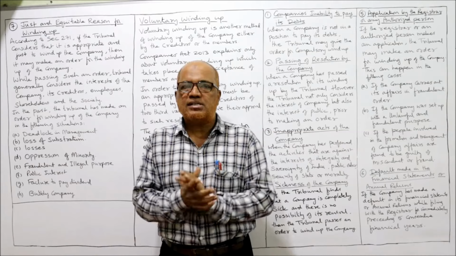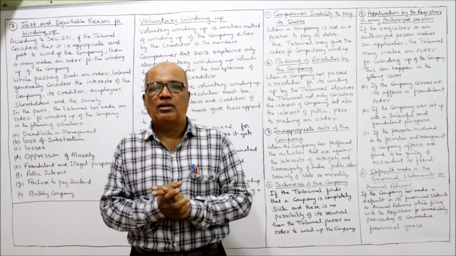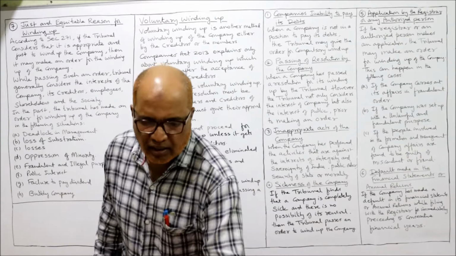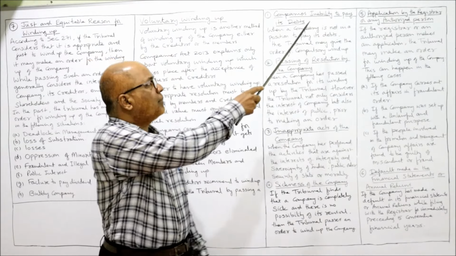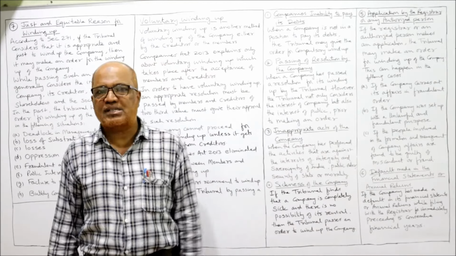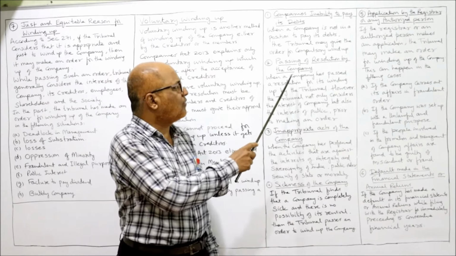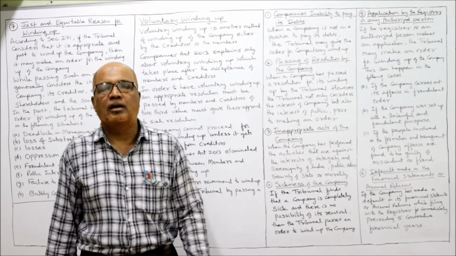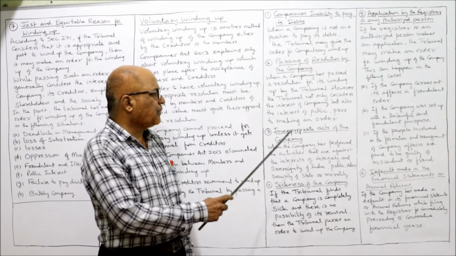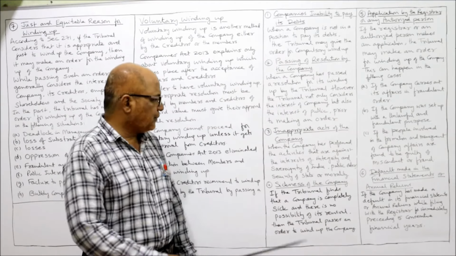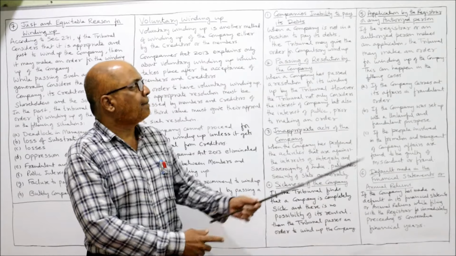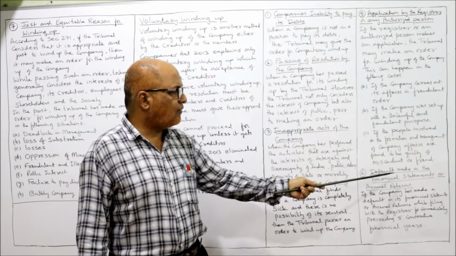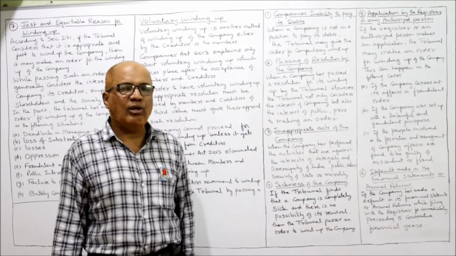The grounds: the first was the company's inability to pay its debts. Second, passing of a resolution by the company, which may request the tribunal to order winding up. Then inappropriate acts of the company, sickness of the company, application by the registrar or any authorized person, and last, default made in the financial statements or annual returns.